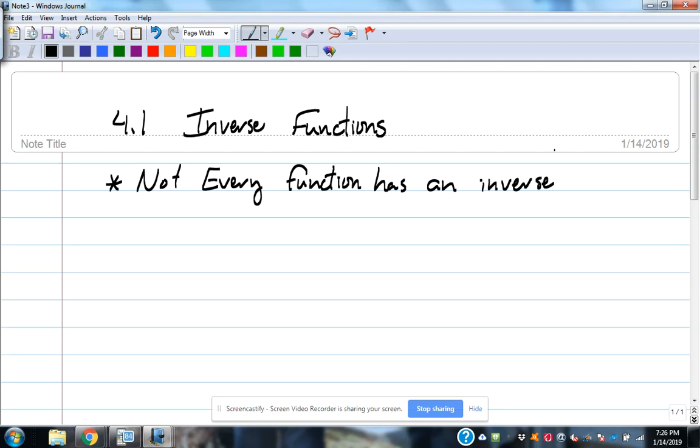Not every function has an inverse, right? Or an inverse function, maybe the better way to say that, because you can actually find an inverse, but it may not be a function. So every function doesn't have an inverse function.